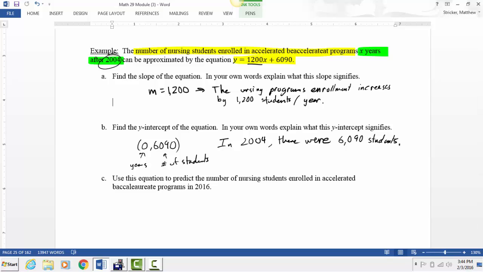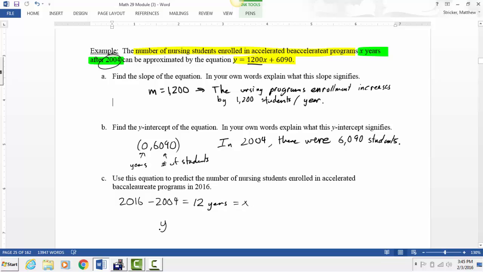And finally, use this equation to predict the number of nursing students enrolled in an accelerated baccalaureate program in 2016. Well, 2016 is how many years after 2004? We can subtract to find that out. That's 12 years. And so if I want to find how many students there are, I want to find out how many they are when x equals 12.